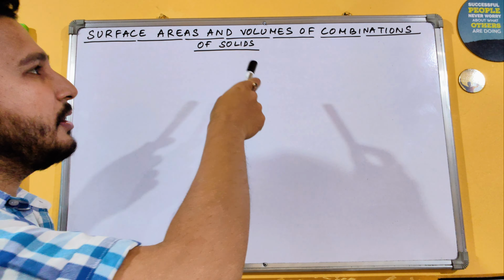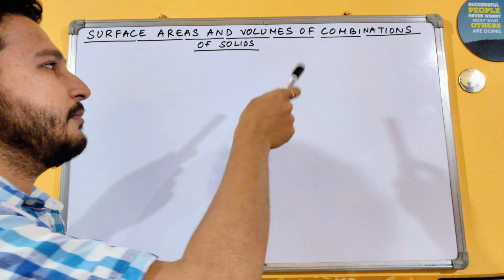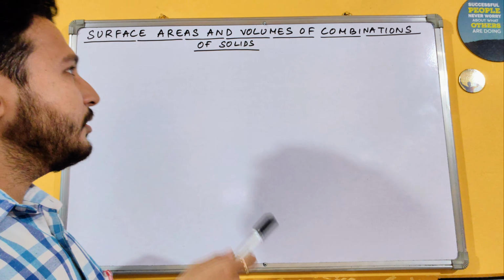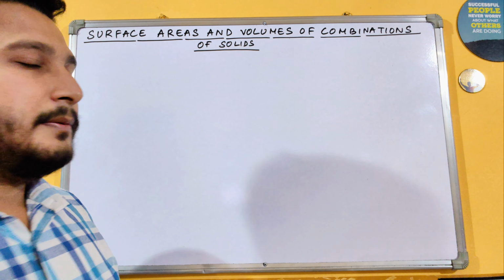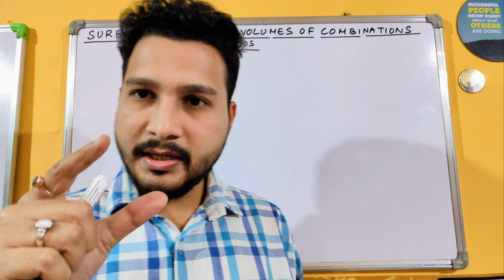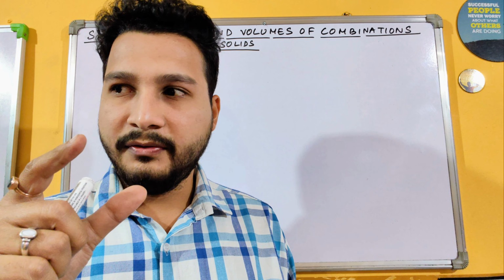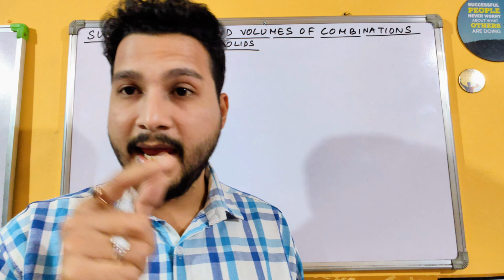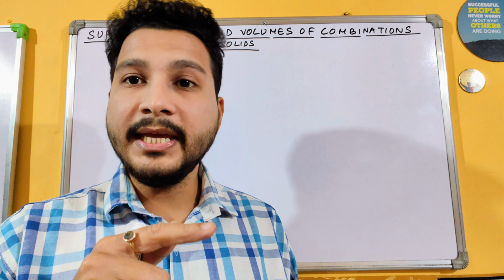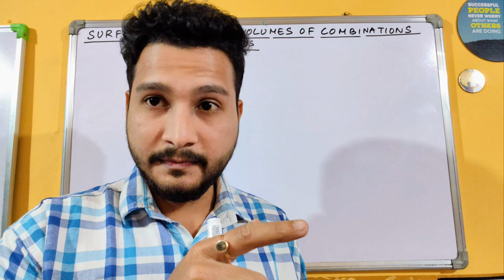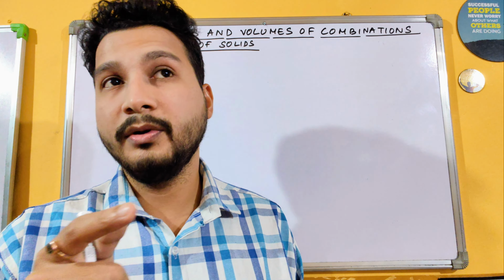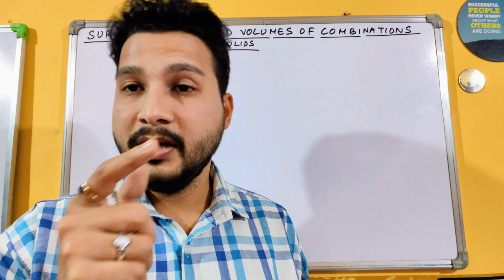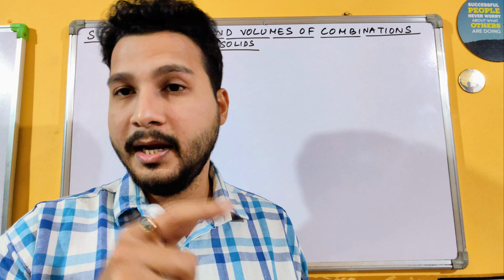This chapter belongs to mensuration from class 10, and before starting the chapter, you have to know various concepts of the rectilinear figures like squares, rectangles, triangles, and then also 2D and 3D shapes like circles, where you have to know the area and circumference of a circle, like 2 pi r and pi r square.